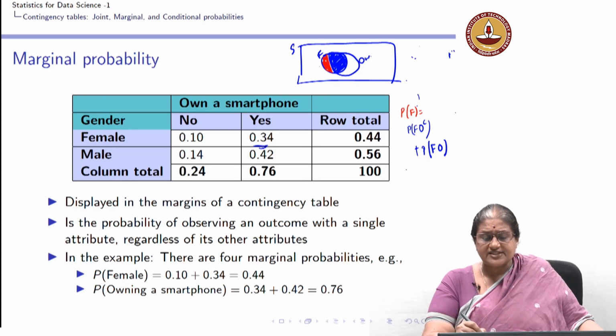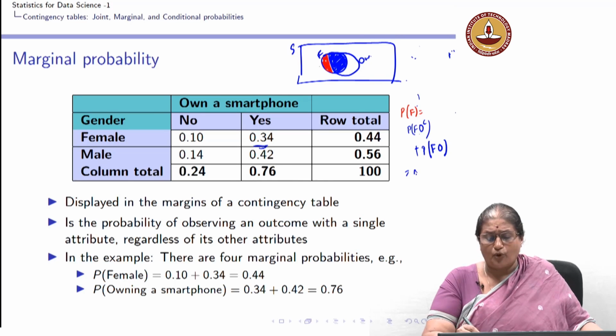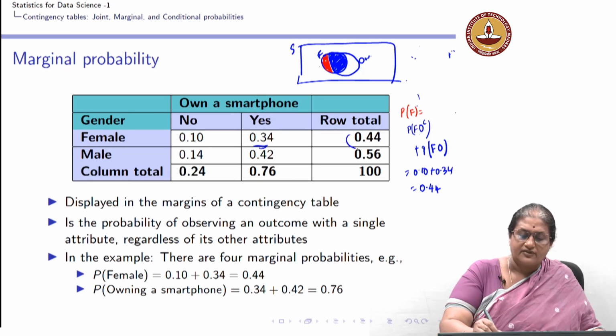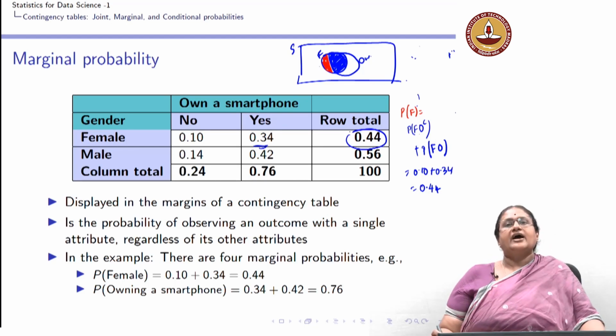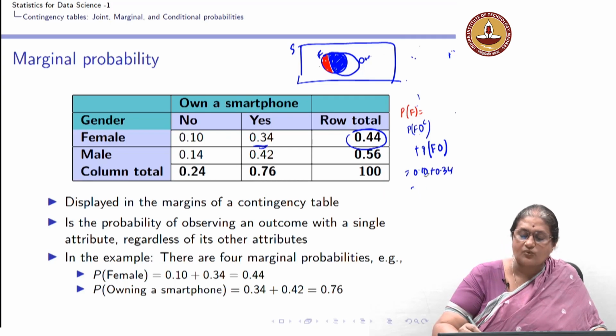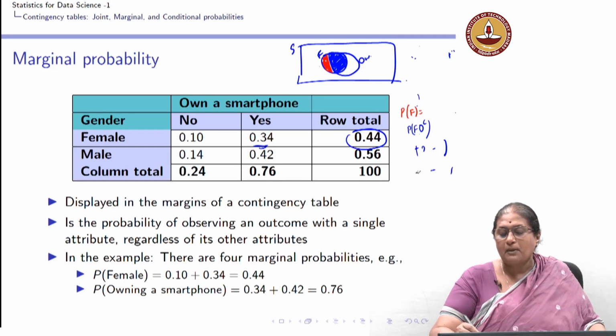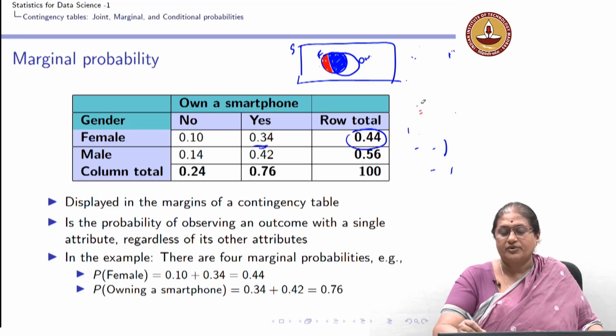Now, this is given to us to be 0.10, this is 0.34. So, this works out to be 0.44, which is precisely what I have here, and these are what we refer to as marginal probabilities.